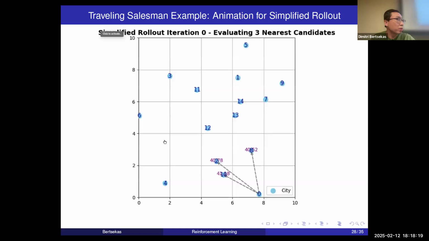Now, in this simplified rollout variant, instead of looking at all possible next cities which have not yet been visited, I only look at the top 3 nearest cities to the current end of the partial tour and evaluate their Q factors. My rationale is that those nearest cities should be good candidates. So it's basically something you decide, how to construct this subset of controls that you select.